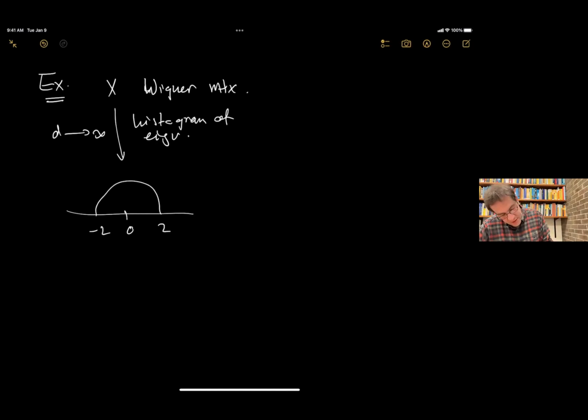But the spectral distribution of X free, if I take the X free associated to the Wigner matrix, actually is equal to the semicircle, right? So you should think about X free as being the ideal situation. It describes what the limit looks like. The distribution of the spectrum of X free is equal to the semicircle. There's no limit, right? So you can think about such a result as saying that for a sequence of Wigner matrices whose dimension goes to infinity, in the limit, the spectrum is described by the spectrum of X free.